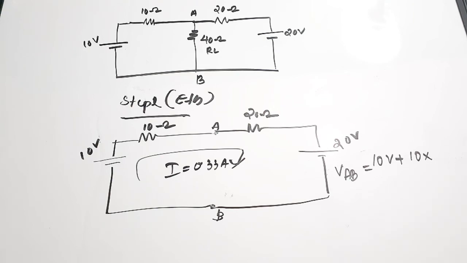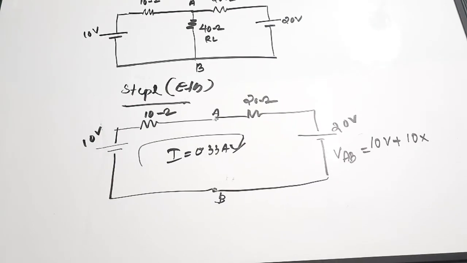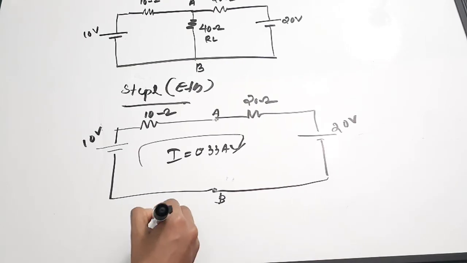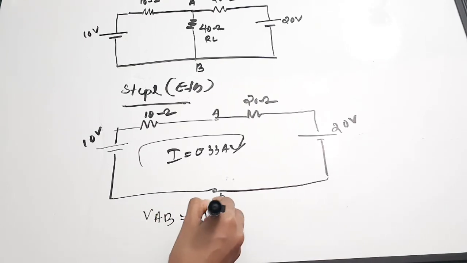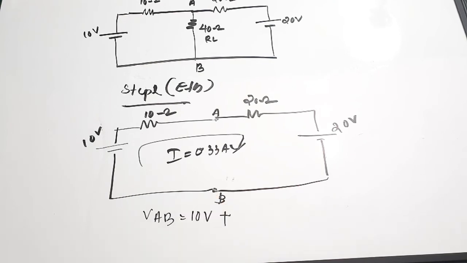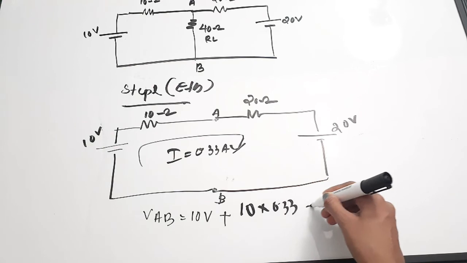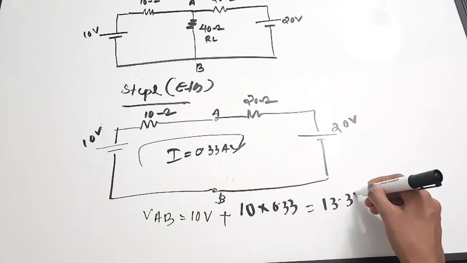I'll write it below. So VAB is equal to 10 volt plus 10 into 0.33, that is equal to 13.33 volts.